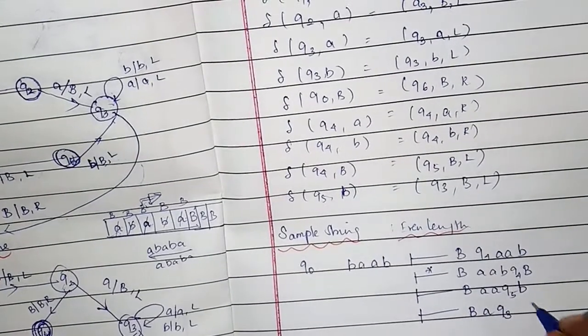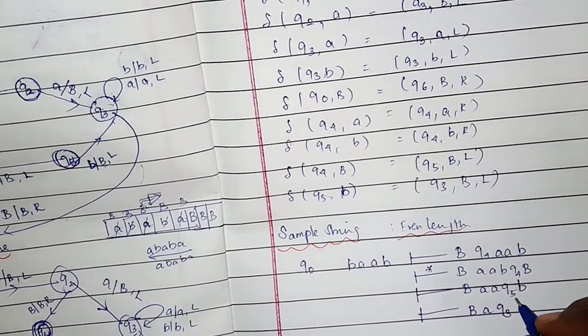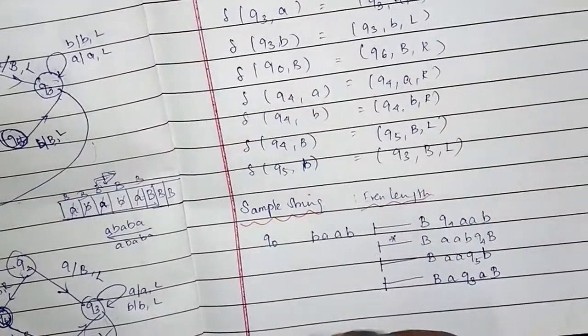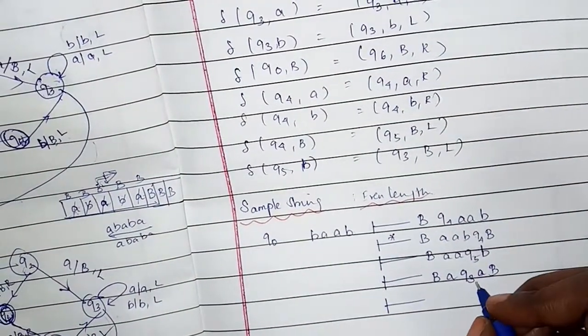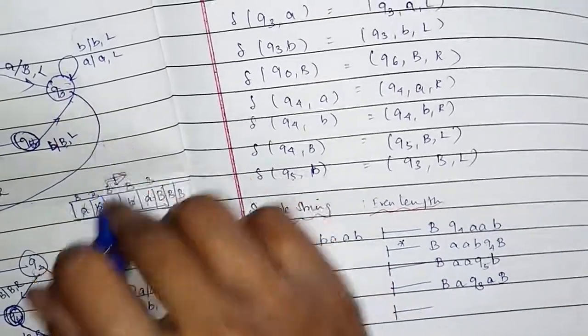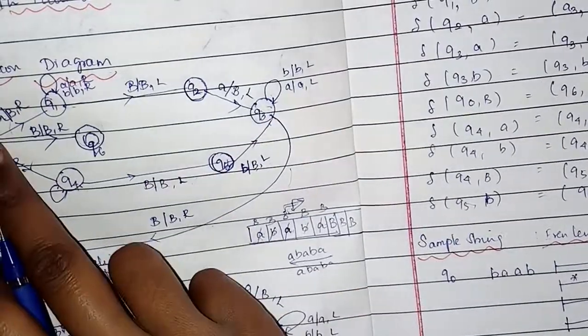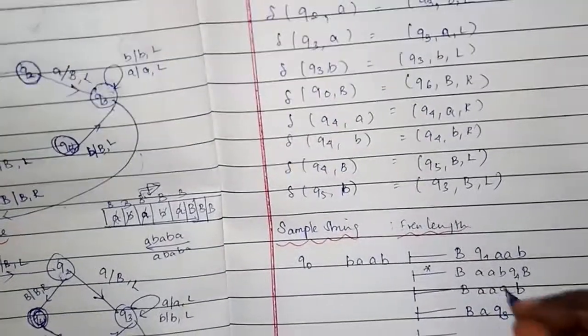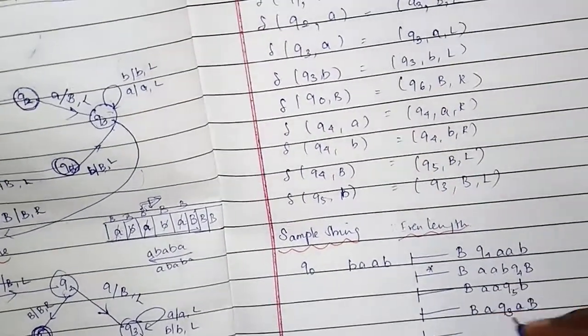So Q3 A, and I have to change this B, right? Okay. After that, again you have to go for the second Q0. It has to go for the Q0 and I have to change this. So for this we'll have this, right?